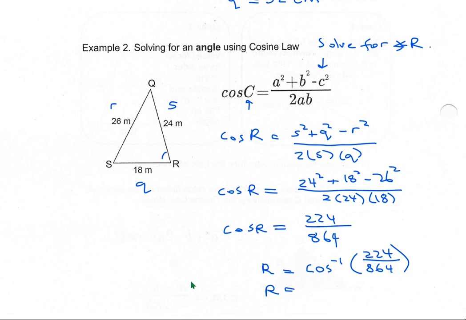So in my calculator, I'm going to go inverse cos, so second function or shift or whatever your calculator does, and then open a bracket and go 224 divided by 864, close the bracket, and I get approximately 75. Okay, 75, and this is solving for the angle, so our units is not meters, it's degrees.